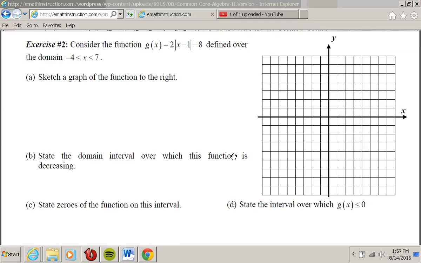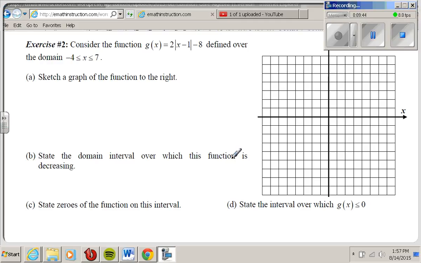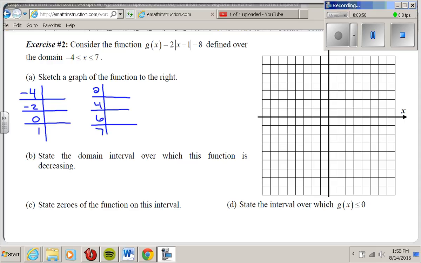When we do this, it's okay to make those tables of values. We want to do that. You have a calculator that can help you do that. You are more than welcome to use it. Okay.